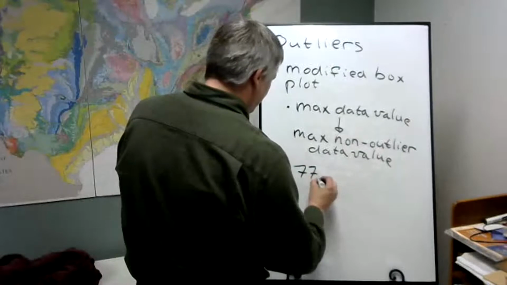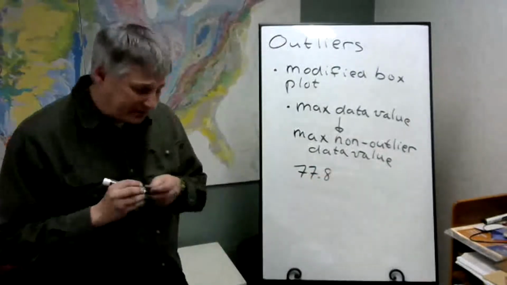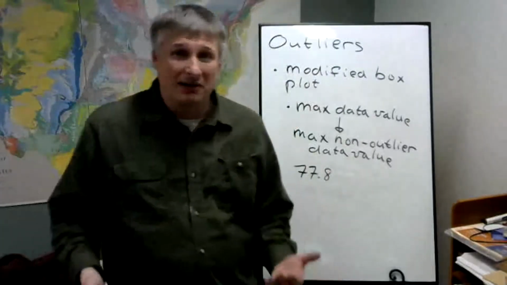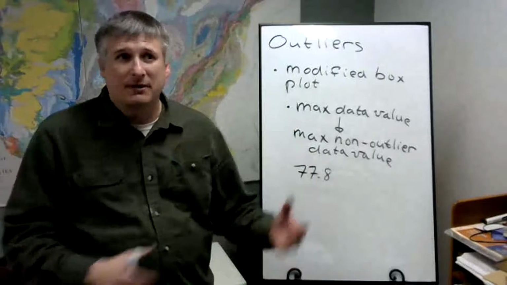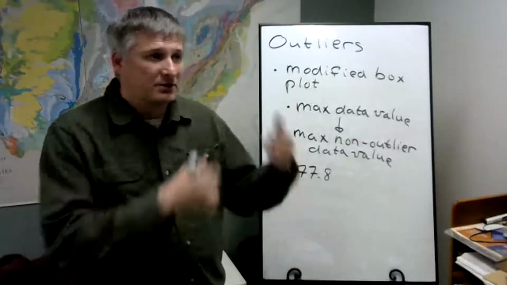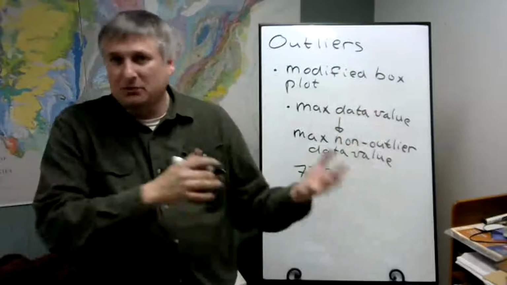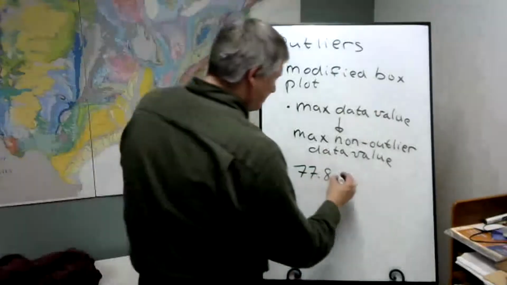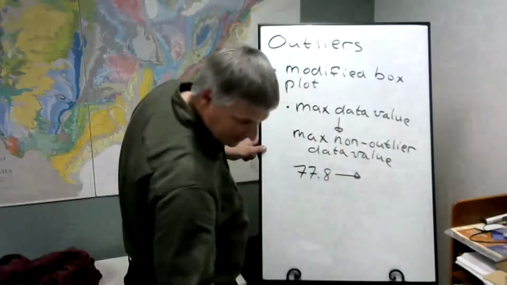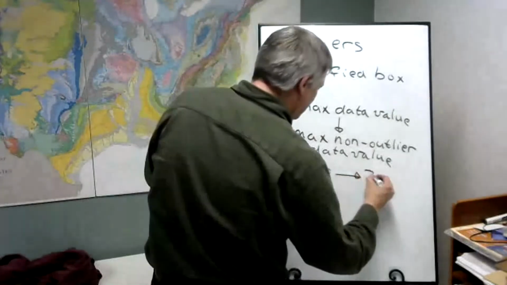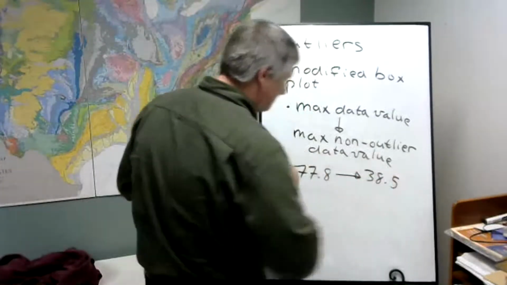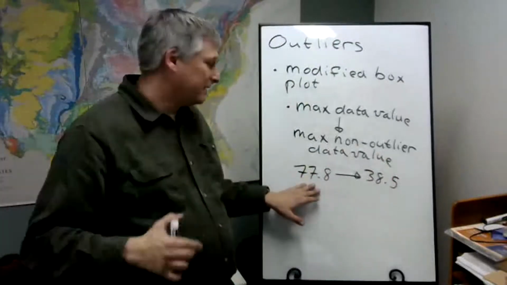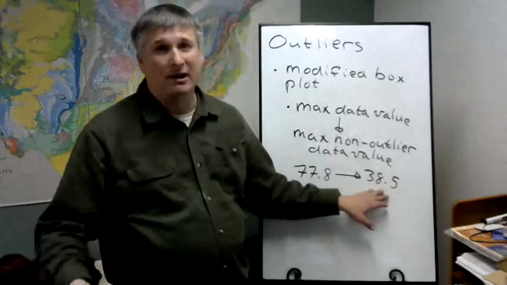That's what we had before. But as we saw earlier, any data value bigger than 41.9 is an outlier. So we have to pick a data value that's less than 41.9, but is still the biggest one. And it turns out that data value is 38.5. So we're going to lose the maximum of our data and go with the maximum non-outlier.